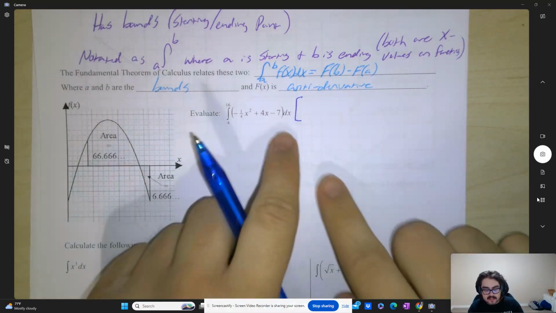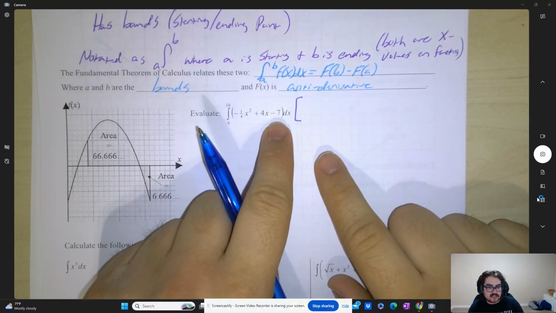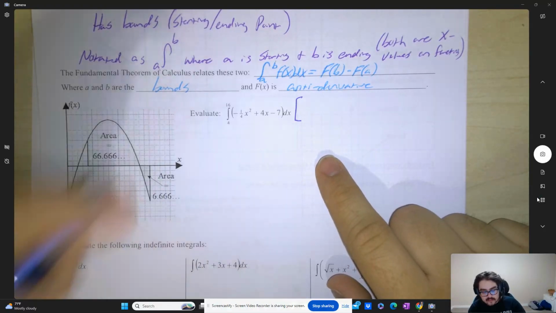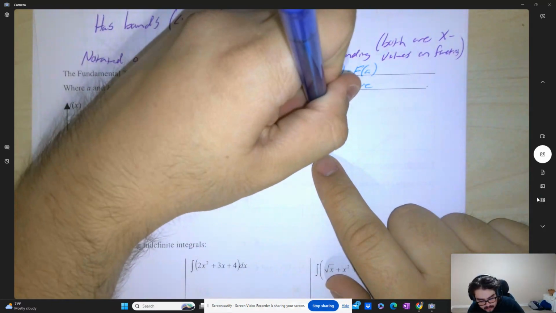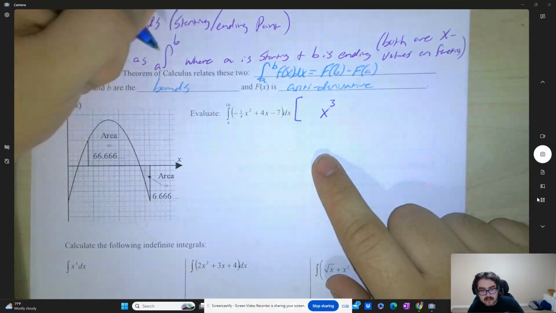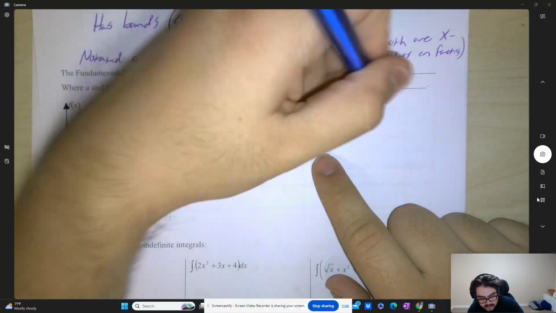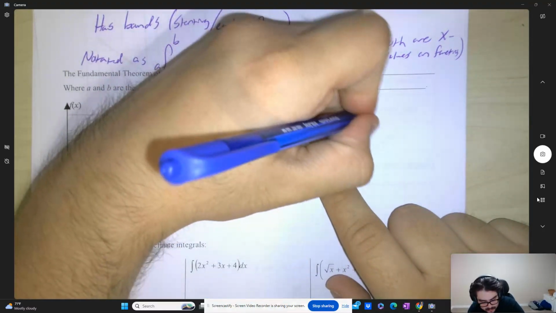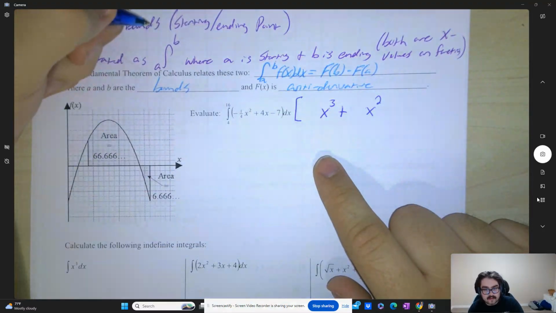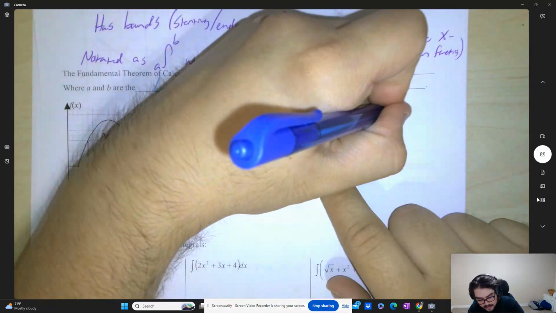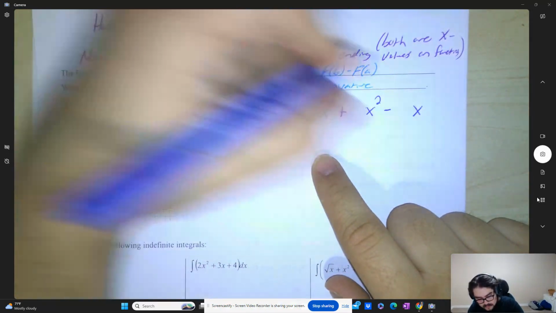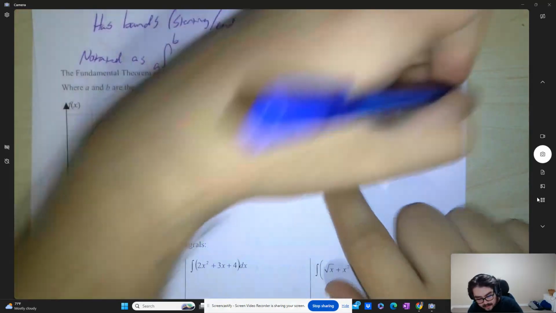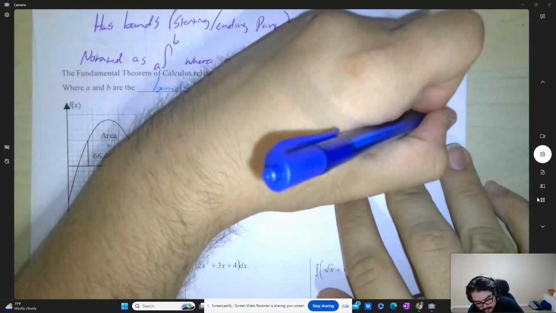You notice that 7 really has x to the 0 attached to it, so it would be x to the 1. So this is going to be x to the third here, plus x to the second, minus x. And then the bounds are from 4 to 16.